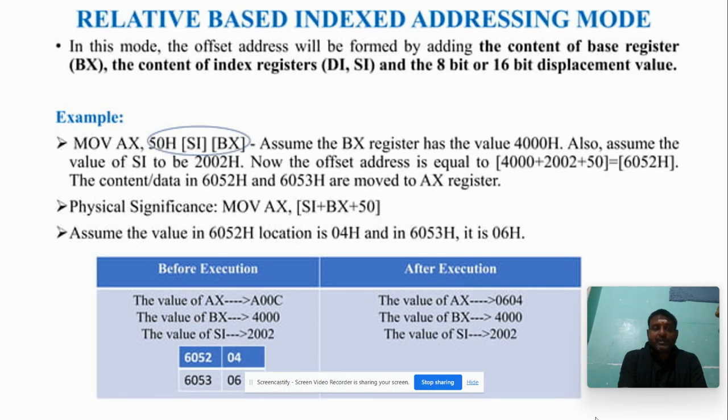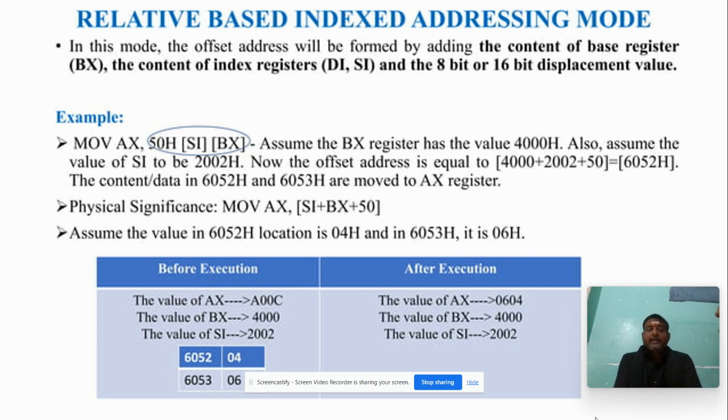This is a combination of register relative addressing mode and based index addressing mode. It is called relative based index addressing. In this mode, the offset address is formed by adding the contents of base register BX, the contents of index register DI or SI, and an 8-bit or 16-bit displacement value.